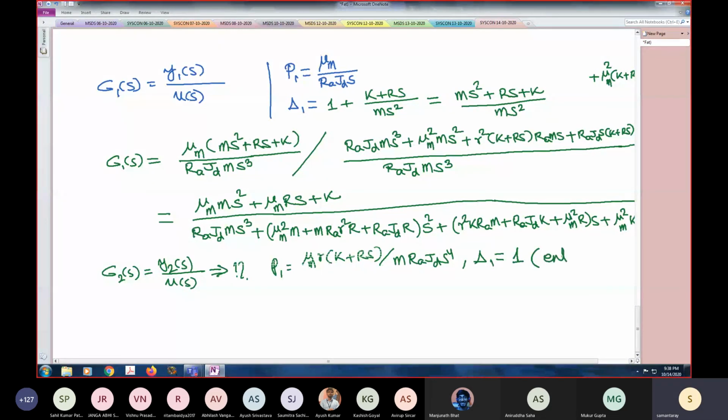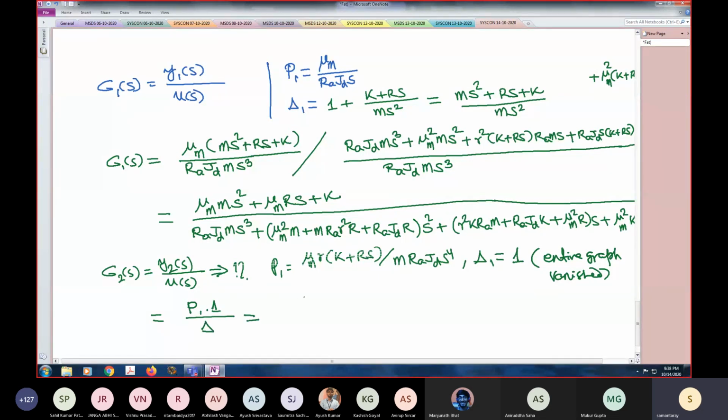Entire graph vanished. So our transfer function is easy. It's the same thing. So what you have, that is equal to P1 into 1 by delta.